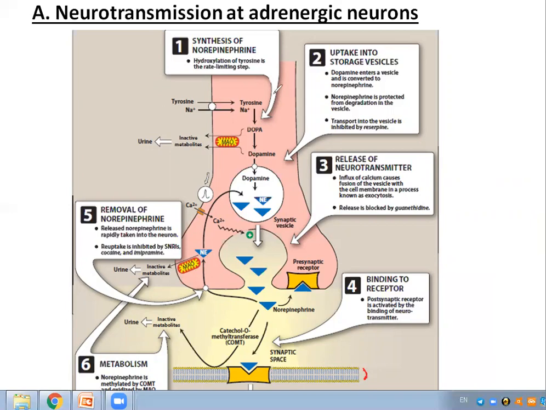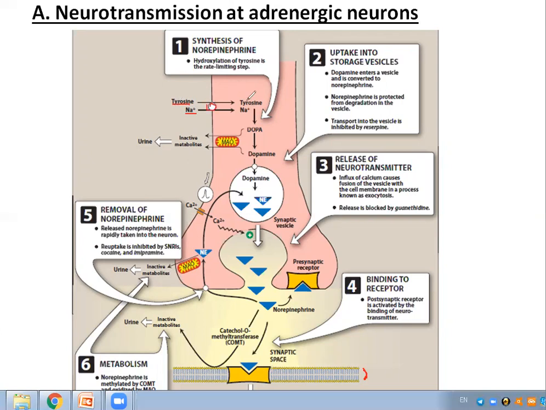So to start, the pathway involving the synthesis of the neurotransmitter: first, at the membrane of the presynaptic neuron, we will find a transporter. This transporter co-transports tyrosine and sodium. So when the tyrosine and sodium are present at high concentration, they will enter inside the presynaptic neuron by this transporter.